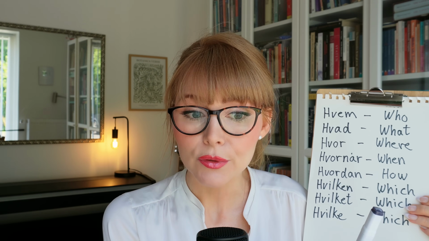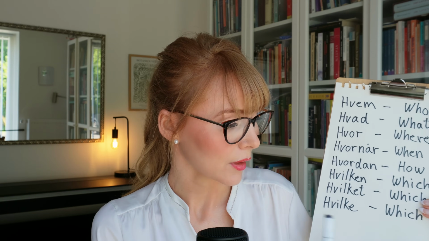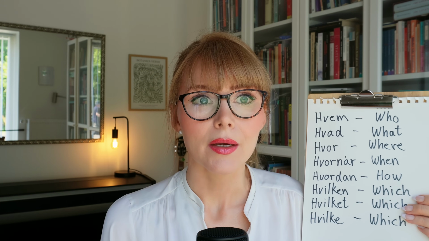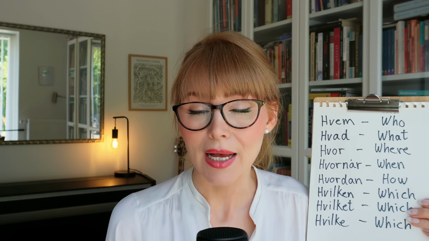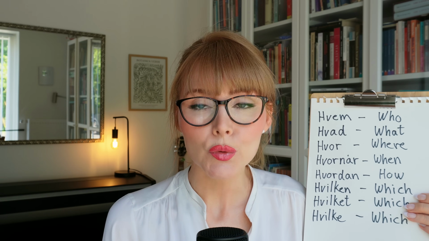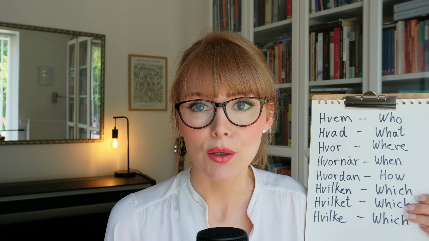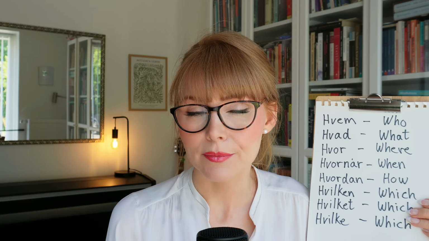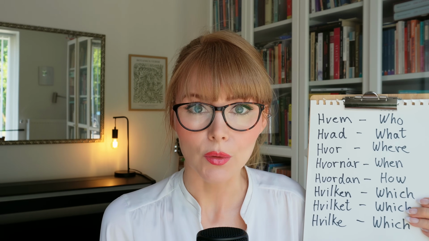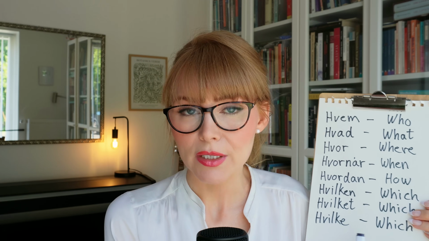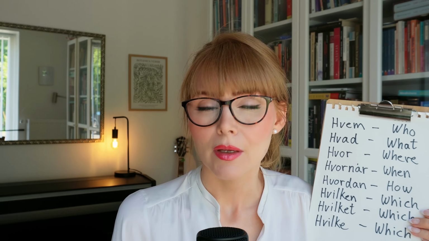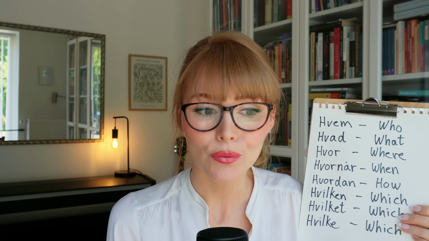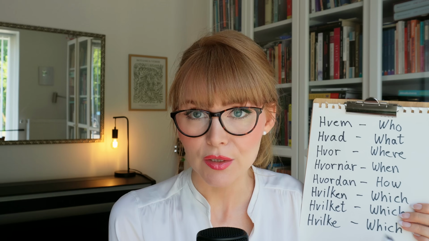But if there are two houses, it is hvilke huse. Yes, because there are several houses. So huse is houses. Which houses are best? Or which dresses should I pack? Hvilke kjoler skal jeg pakke? In my suitcase.